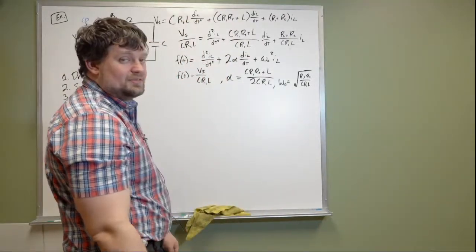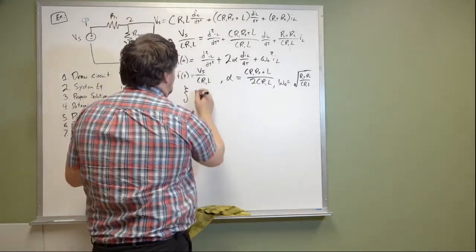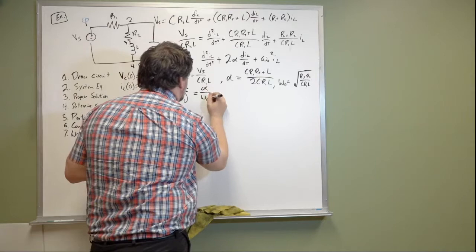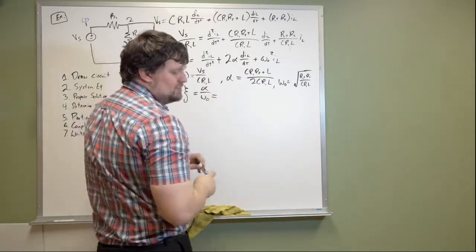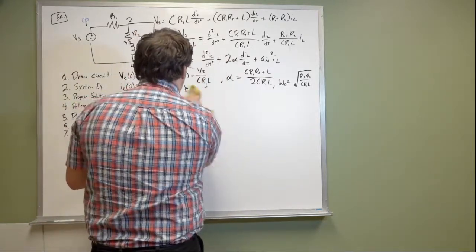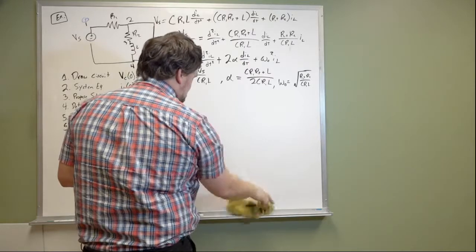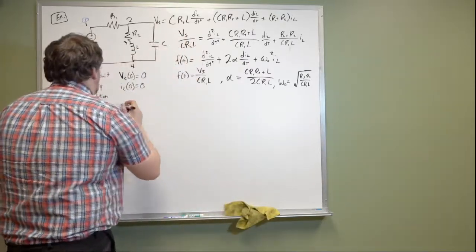Okay, so that's fun. Now we got our zeta value, and that is equal to alpha over omega naught, which here the formula for that is super gross. So this is where it actually becomes easier to work in real numbers. So what we'll do is we'll say, okay, let's assign some real values here.